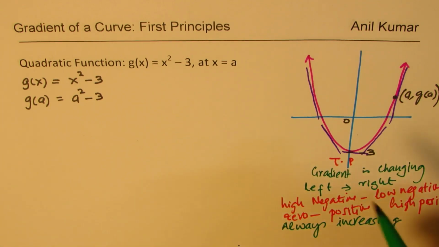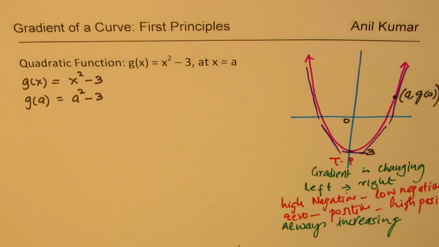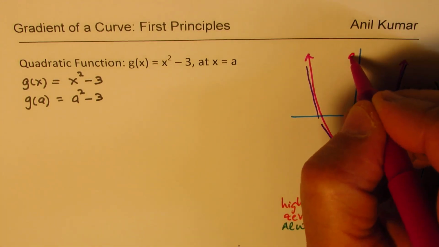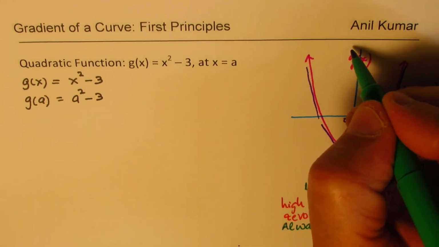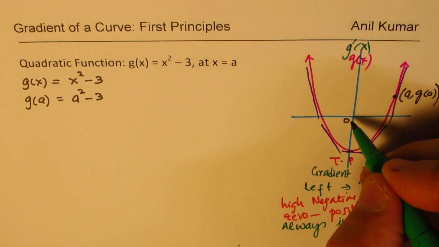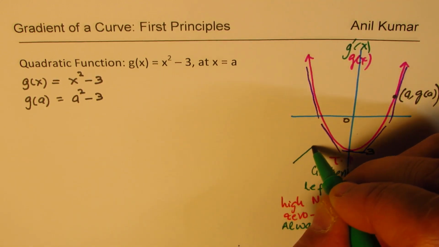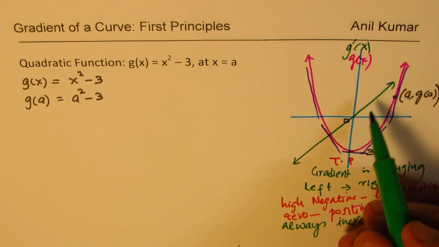So if I have to really sketch a slope here, let's say we call this function g of x. Now if I want to write the gradient as g dash of x, calculating from different values, I'm going to get a graph which will be kind of like this. Do you see that?